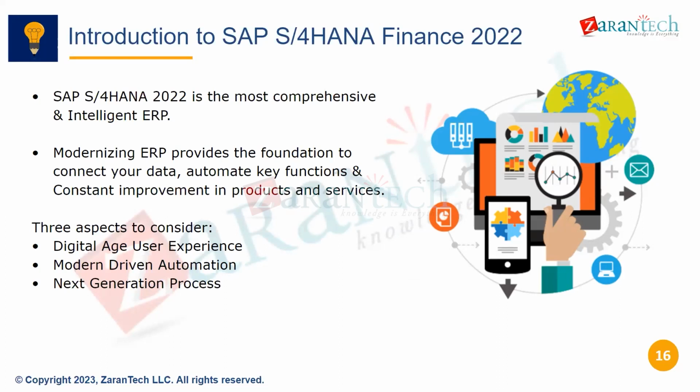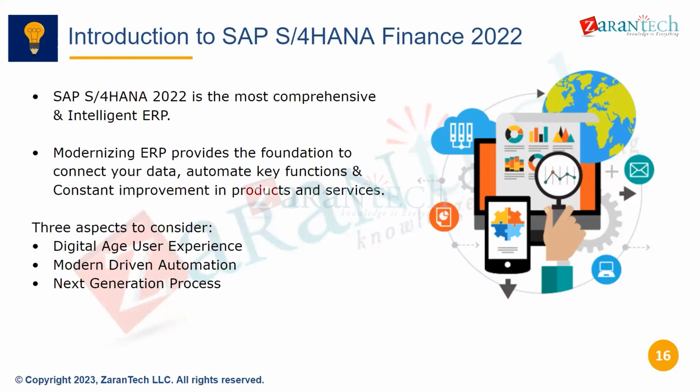S4HANA is called the intelligent enterprise or the modern enterprise because of its advanced features, which utilize machine learning and artificial intelligence. Modernizing the S4HANA ERP provides a foundation to connect the data and automate the key functions.